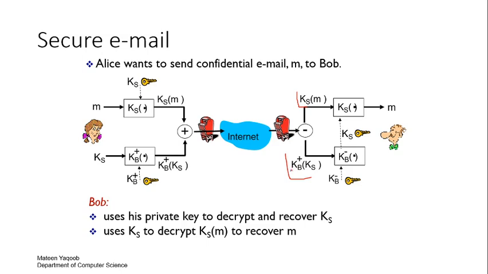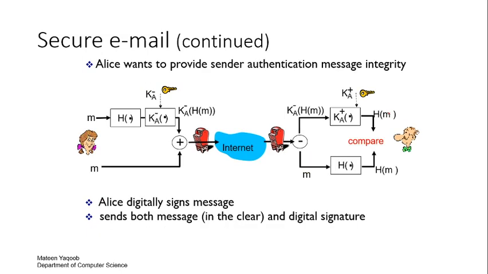So he will decrypt that cipher key using his private key, and will get that symmetric key, and then use the received symmetric key to decrypt that message, and then will get the secure email. So that's how you can secure the email.